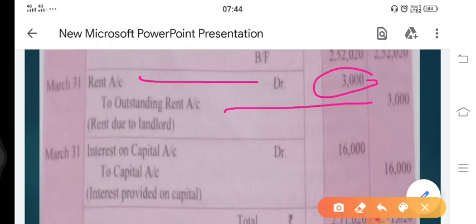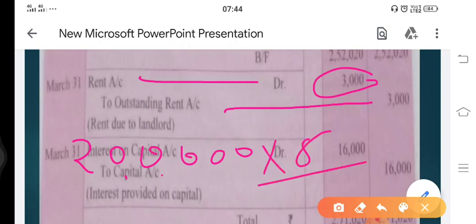And the last point we have is interest on capital. Now look at the point that you are being told that capital is amounting to rupees 2 lakh, on which we have to charge 8% interest. That means 2 lakh into 8 upon 100, which comes to 16,000.